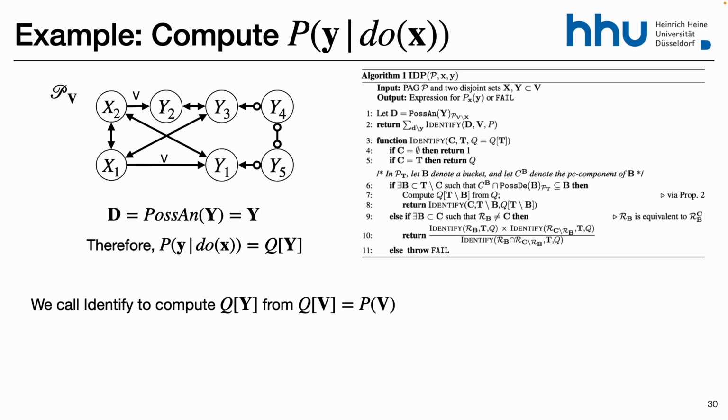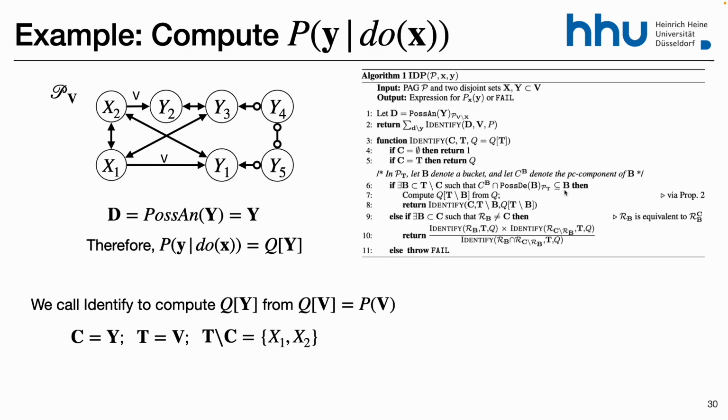We call identify now to compute the QC from QV, which is PV. So we start from the beginning. C is my Y, so I'm calling the identify function where C is Y. I want to compute the QC from QV, so T is V. I will need T minus C because now I want to check the condition on line 6, to see if there is a bucket that satisfies this condition.